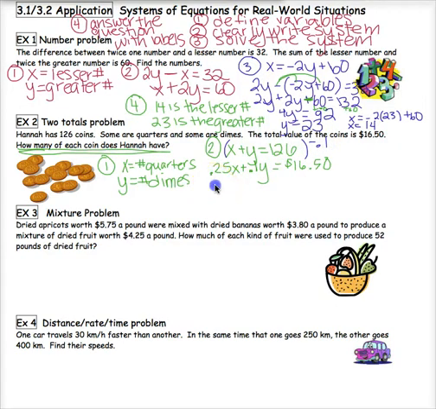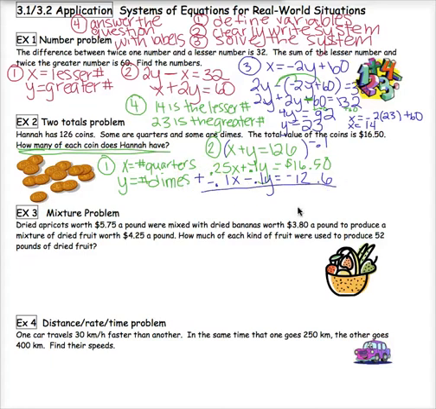So if I do that, that gives me negative 0.1x minus 0.1y equals negative 12.6.